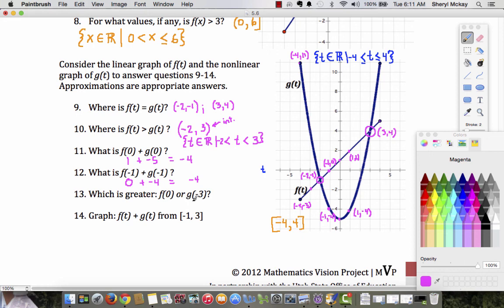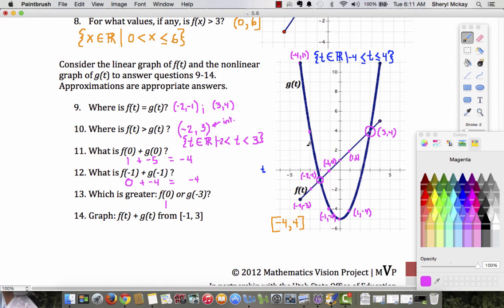Interesting. Which is greater, f of 0 or g of -3? Well, we know that f of 0 is 1, and g of -3, so let's see, 1, 2, 3, looks like it's right about there.